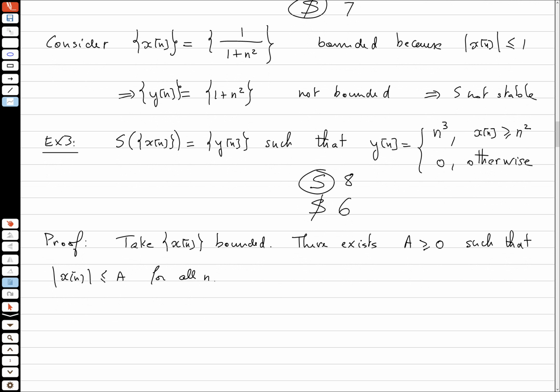All right. So to obtain y of n equals n cubed, we must have n squared less than x of n, which is less than a.